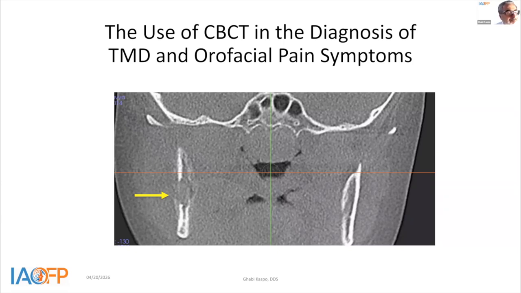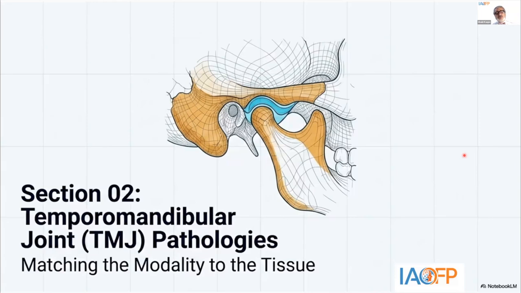Now we move a little bit to the TMJ pathologies, focusing on choosing imaging based on the tissue of interest. The TMJ includes both hard tissue, bone, and soft tissue, and we cannot say one single modality is sufficient.